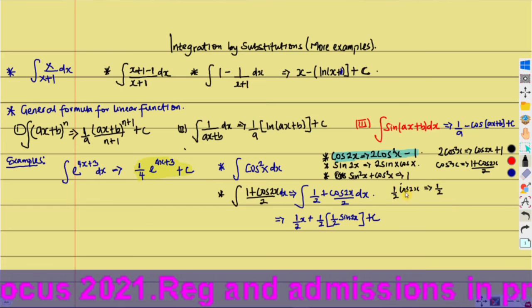Then I will follow the law. I will integrate cos. Cos will give me sine. Then I repeat the expression of the linear form, which here is cos 2x. That is, after integrating, I will repeat that: 2x. Can you see this? 2x plus c. So if I integrate cos 2x, I'm going to have 1 over 2 sine 2x plus c.